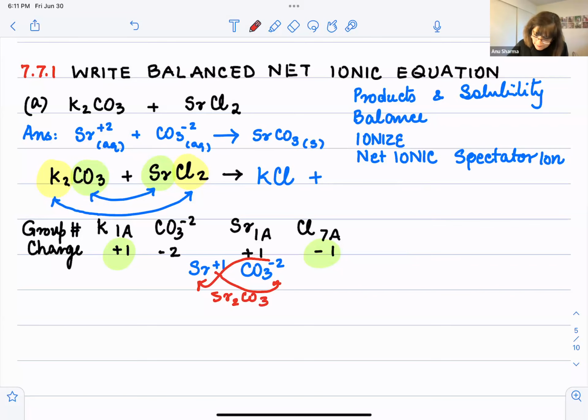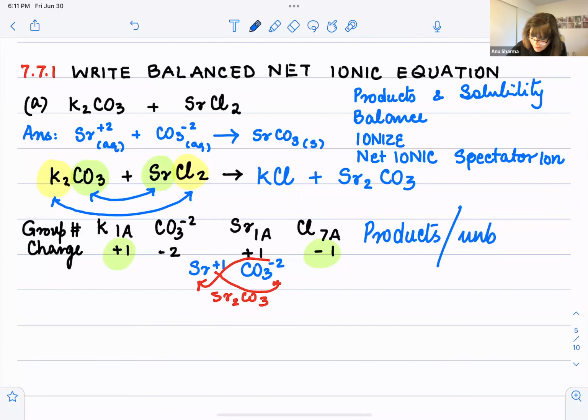Okay, so this is unbalanced yet. We only identified the products. This is how you get the products, but the equation is still unbalanced. We haven't checked the balancing yet.